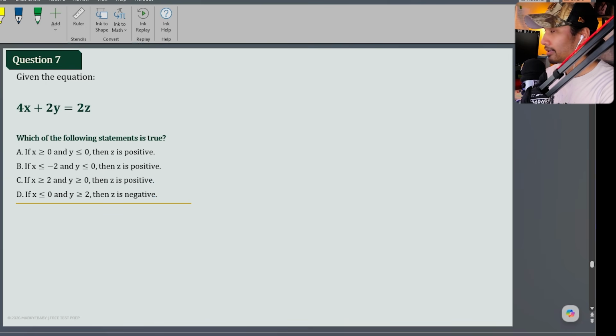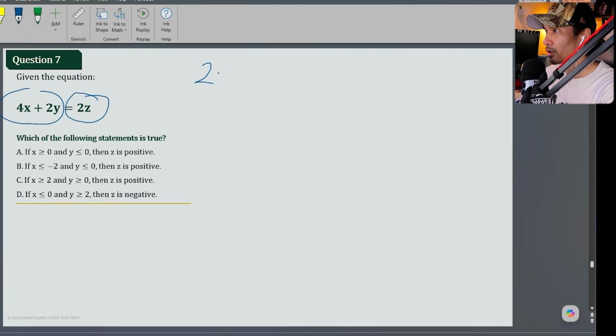Okay, question number 7. We have 4x plus 2y equaling 2z. What I would do, just like the previous question, is move the 2z to the left side and all this other stuff to the right side.